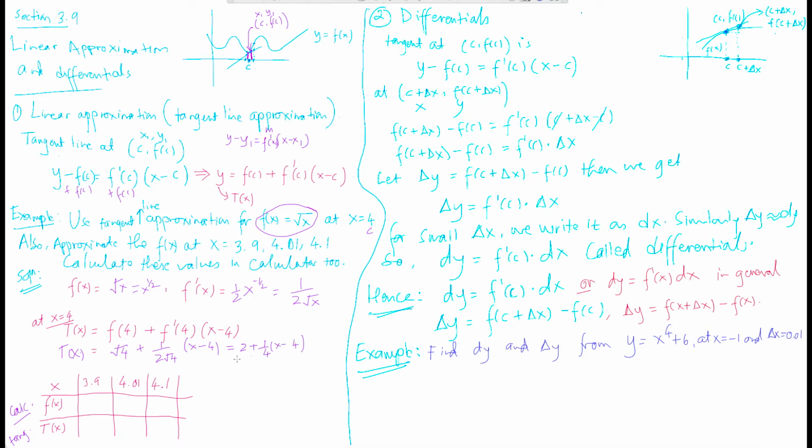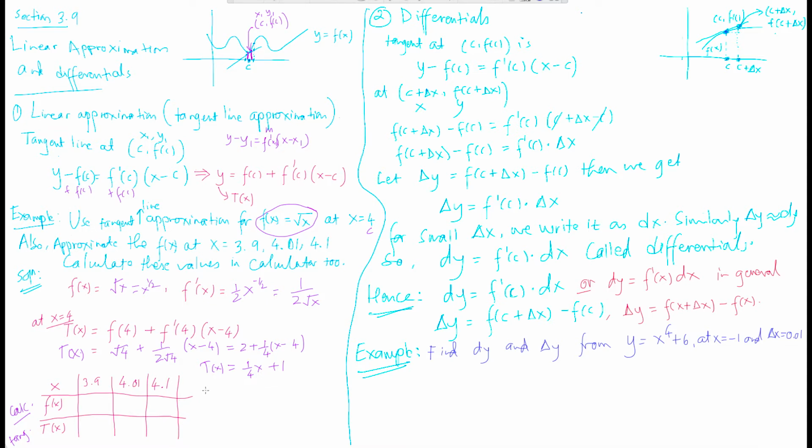If you simplify this, it will be 2 plus 1/4 x minus 1/4 times 4, which is 1. So that will be 2 minus 1. So T(x) equals 1/4 x plus 1, because there is 2 and then 1/4 times negative 4 is negative 1.